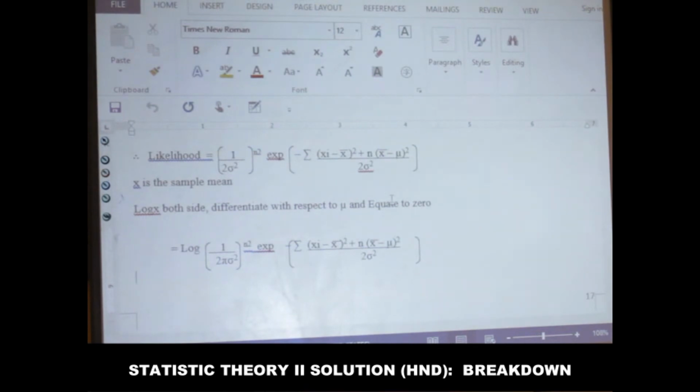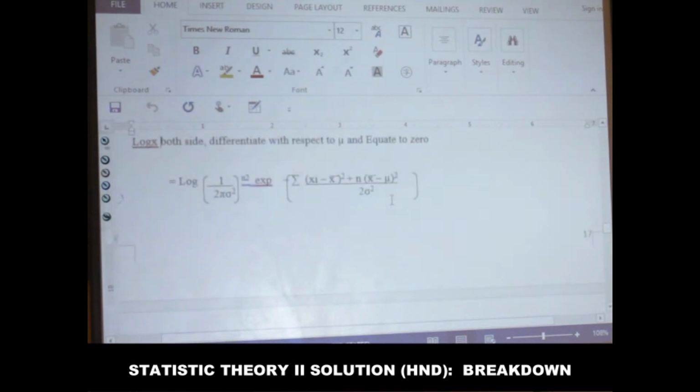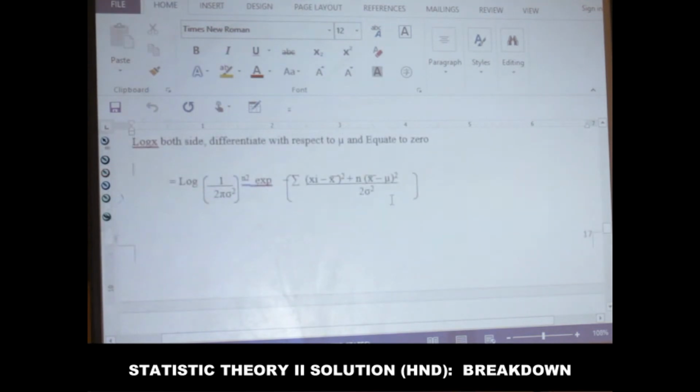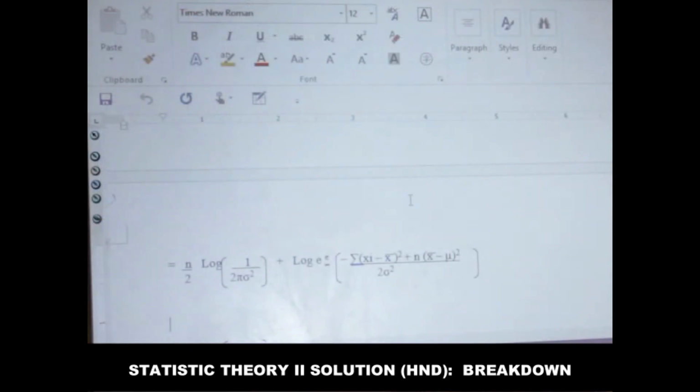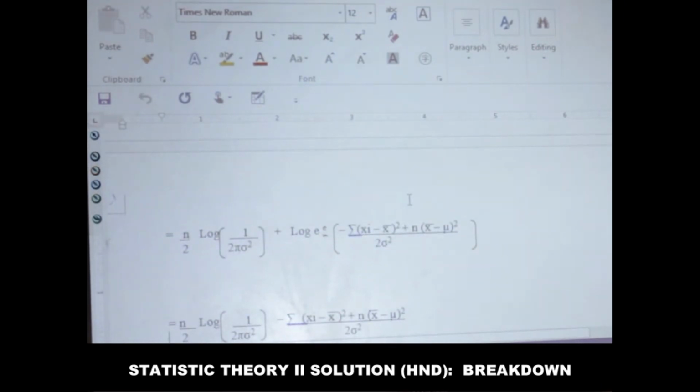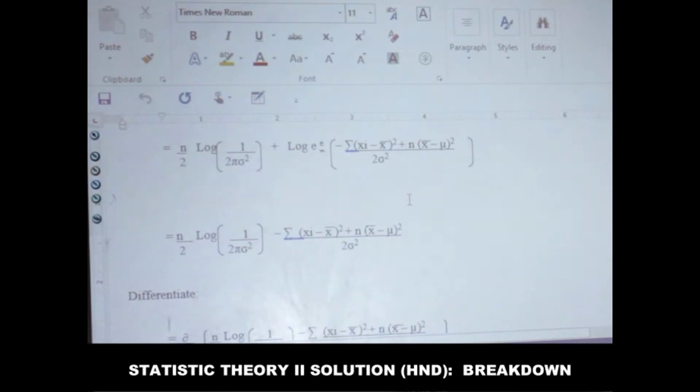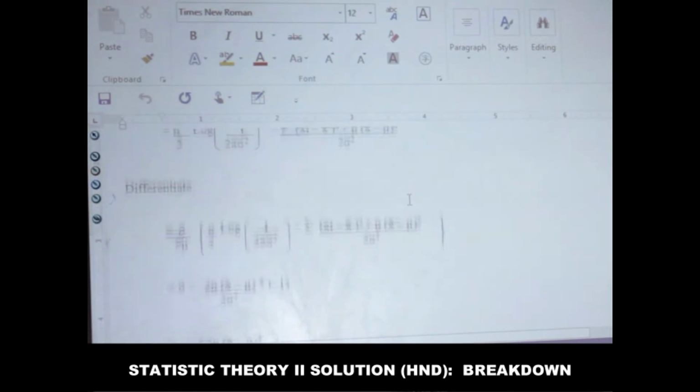So you have log of 1 over 2 pi sigma squared raised to power n over 2 exponential minus summation of (x1 minus x bar) squared plus n times (x bar minus mu). So we have n over 2 log 1 over 2 pi plus. So the differentiation is there.